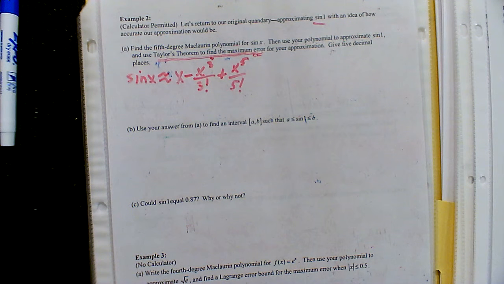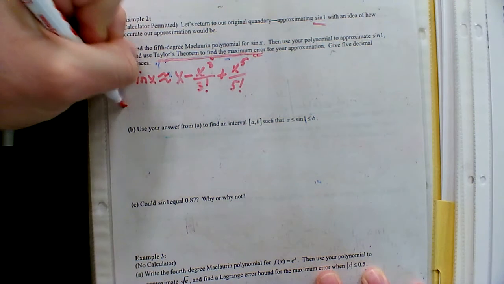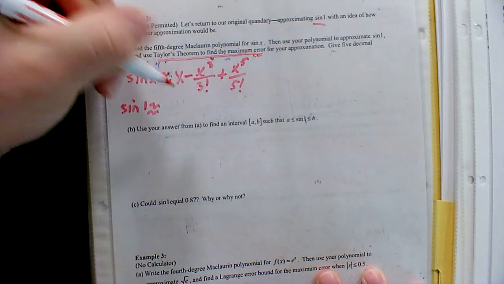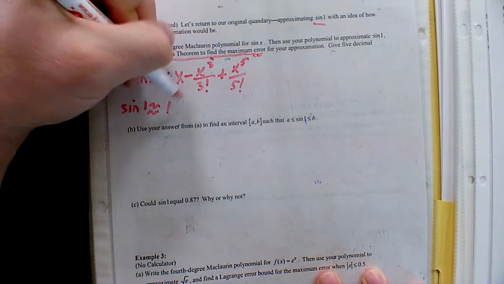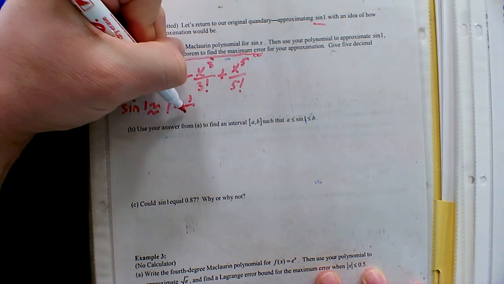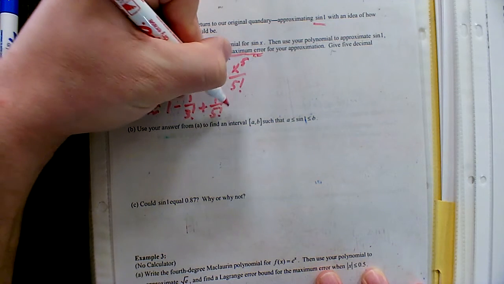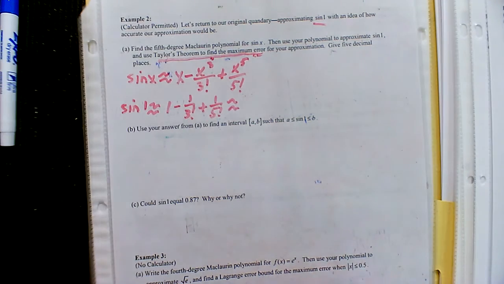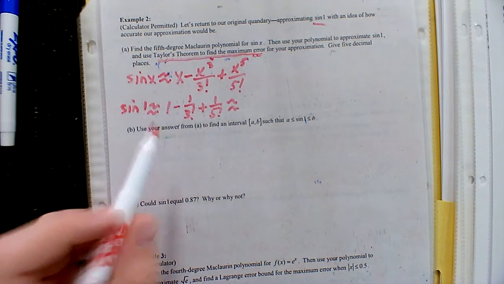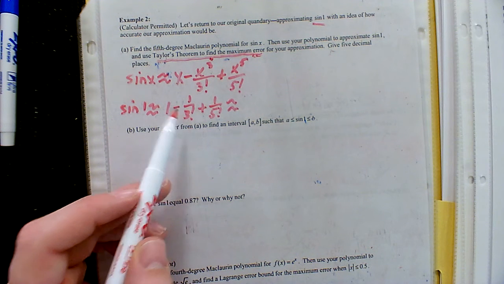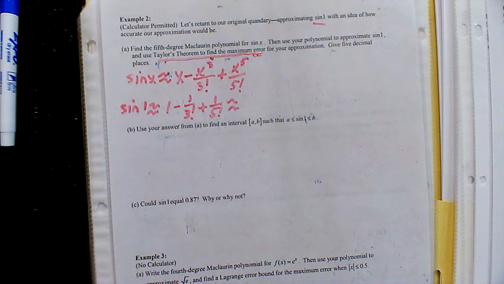But again, we're trying to approximate sine of 1. So again, everywhere there's an x, we want a 1. Use your calculator, find out the approximate value of sine of 1 using a 5th degree Taylor polynomial.